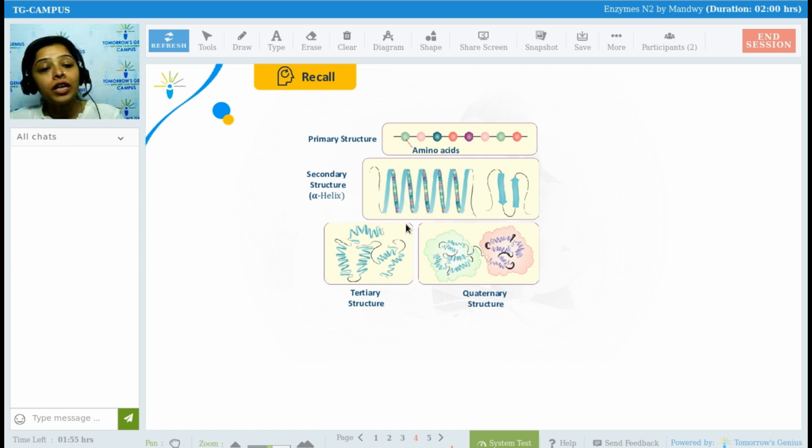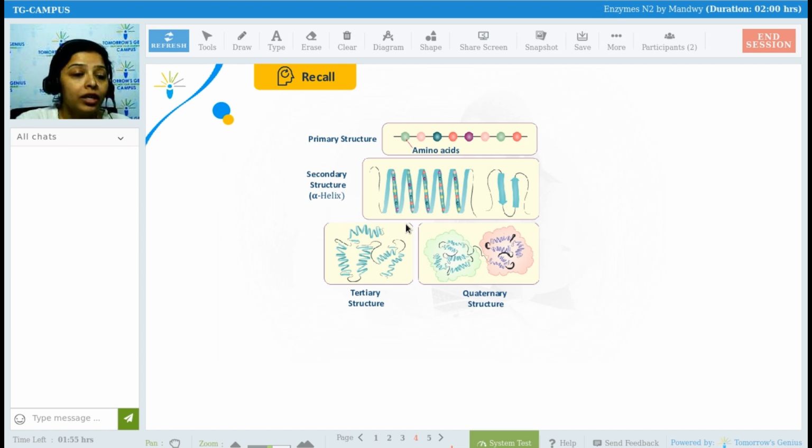In that you must have learned about the structure of protein, the properties, characteristics, uses and classification of protein, right? So let's take the structure of protein. There are four types of structural organization: primary structure, secondary structure, tertiary, and quaternary.